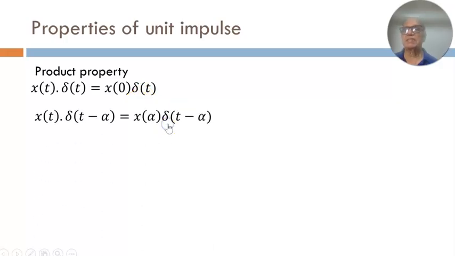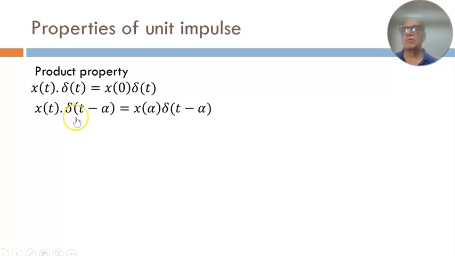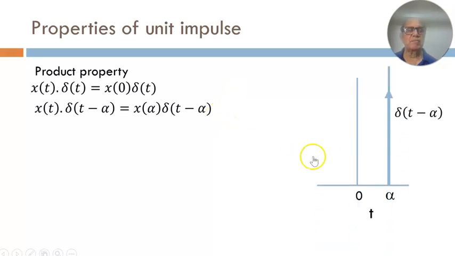Alright. Next, suppose you delay the unit impulse by say alpha seconds. Then it will look like this. Previously it was existing at this point, but now it goes from 0 to infinity at t equal to alpha. In fact, the impulse simply shifts to the right, as we have studied before. Whenever you delay a function, it shifts to the right by a definite amount.